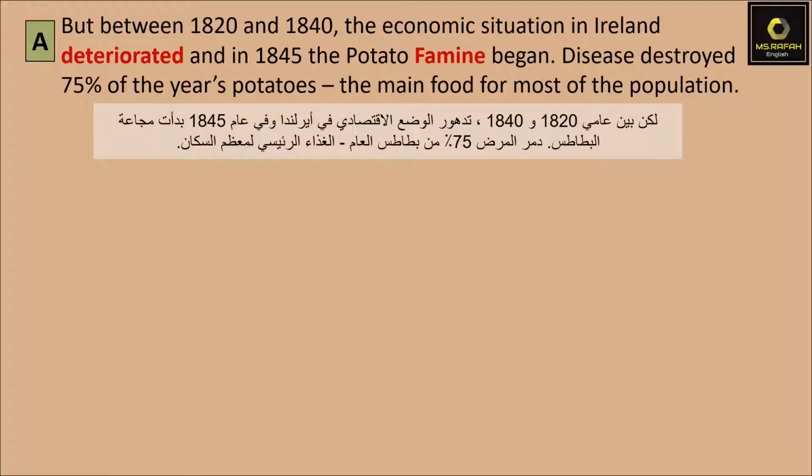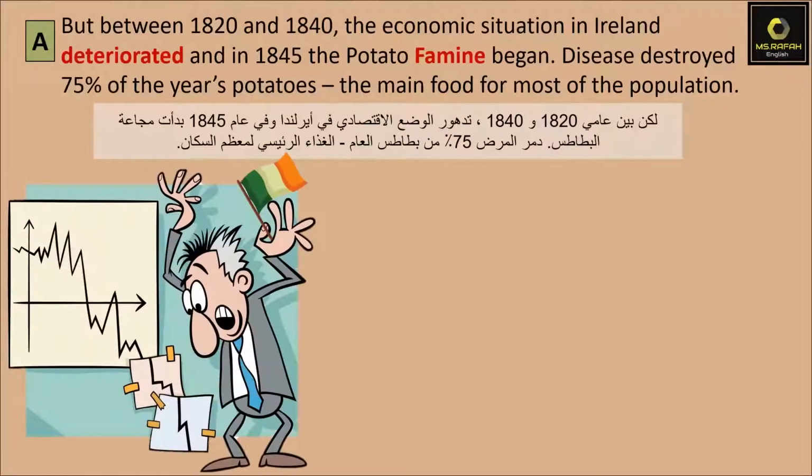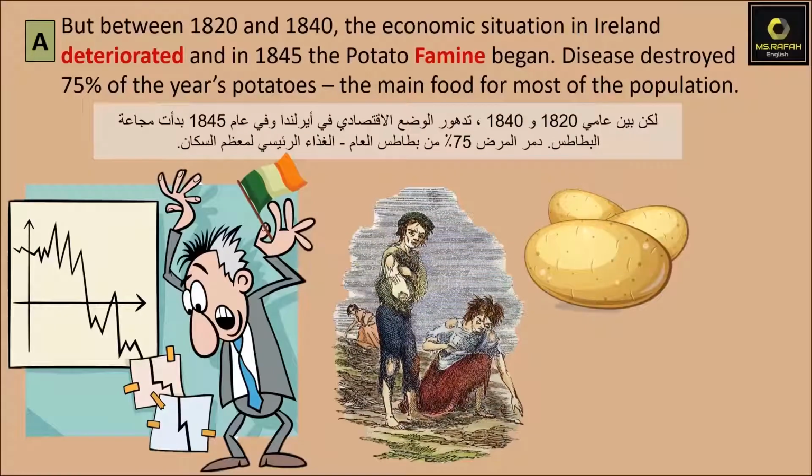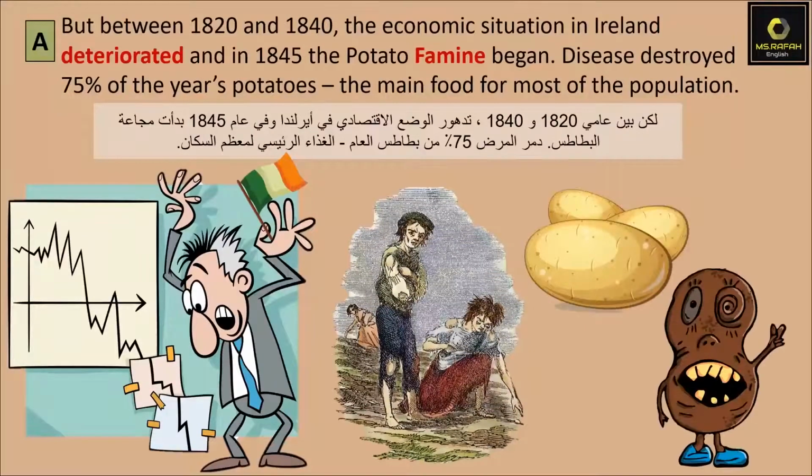But between 1820 and 1840, the economic situation in Ireland deteriorated, and in 1845, the potato famine began. Disease destroyed 75% of the year's potatoes, the main food for most of the population.